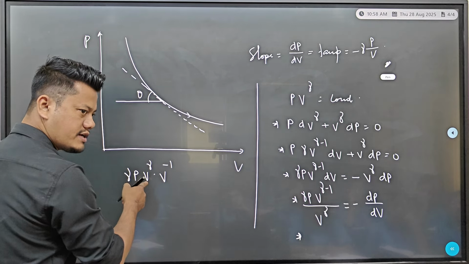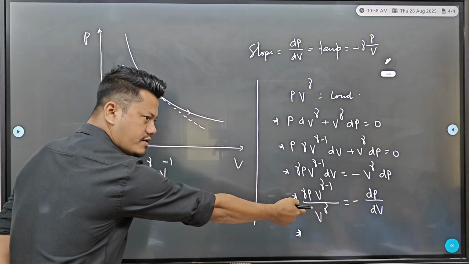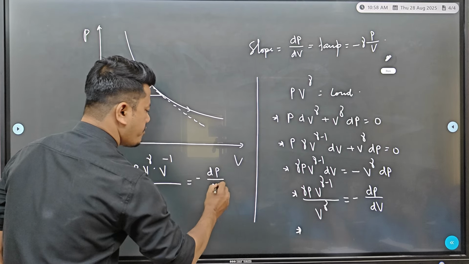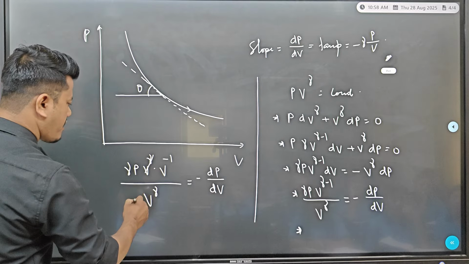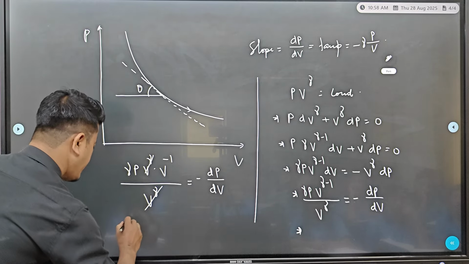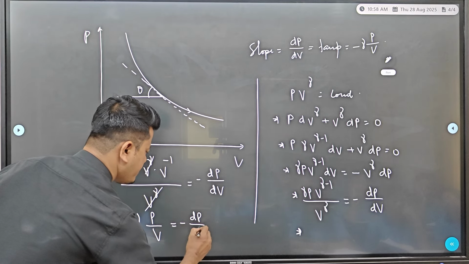Can I write like this? Whole divided by V^gamma in the denominator is equal to minus dP by dV. I hope you understood, right? V^gamma, V^gamma get cancelled out. V^(minus 1) can be written as gamma P by V equal to minus dP by dV.